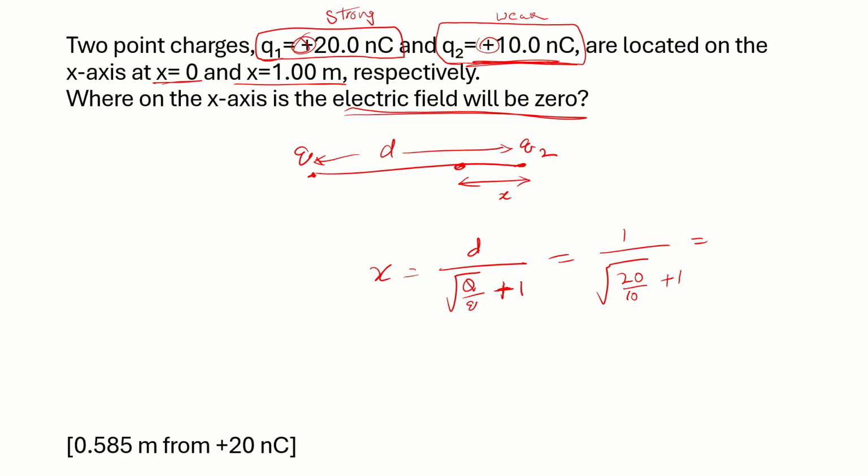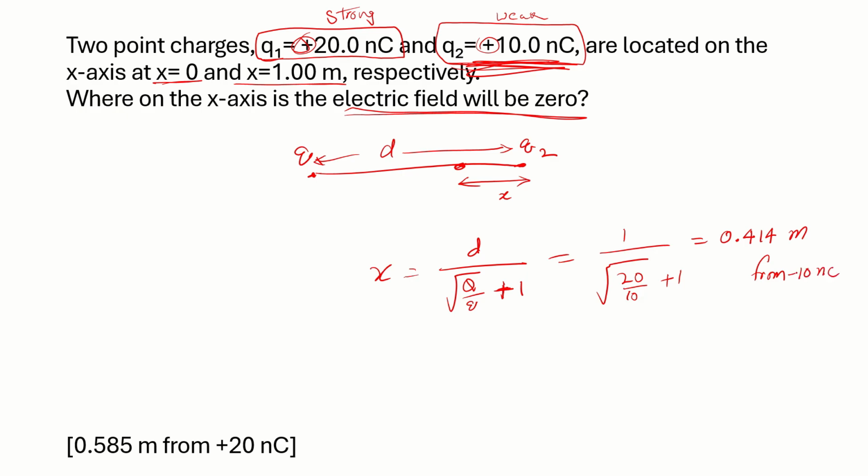I got the answer as 0.4142 something. Okay, so if d is given in meters, x is also in meters, and as per our technique, this x value is from the weaker one. The weaker one is the 10 nanocoulomb charge.